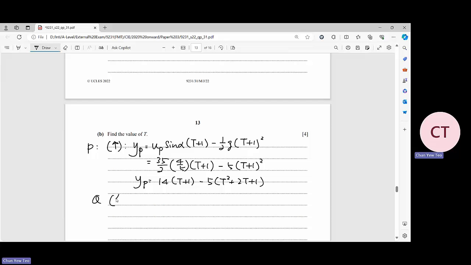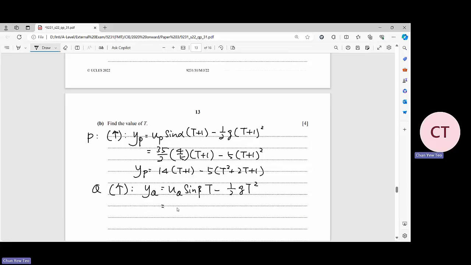For Q, if you resolve the forces vertically for the vertical displacement, you have yq equals uq sine beta t minus a half g t squared. So it will be u, sine beta is 1 over sec 5, minus 5t squared.